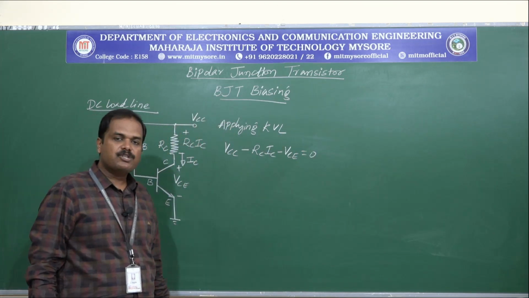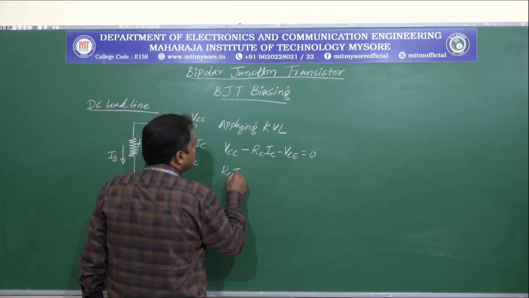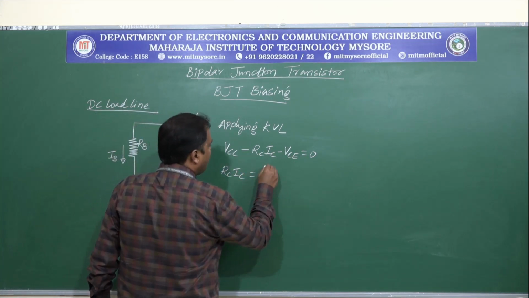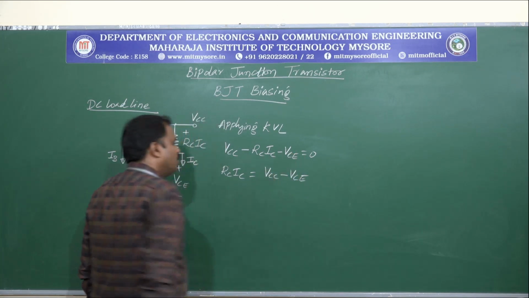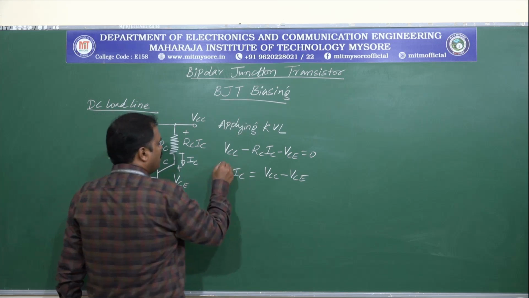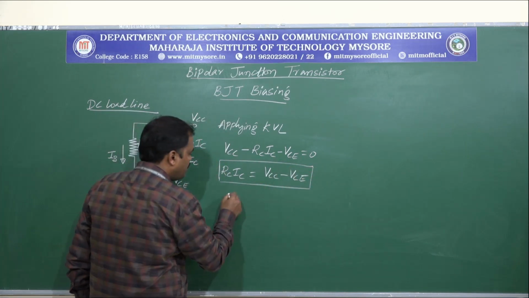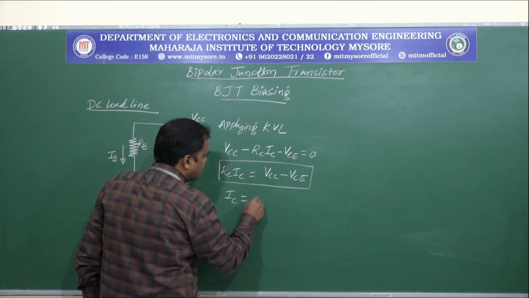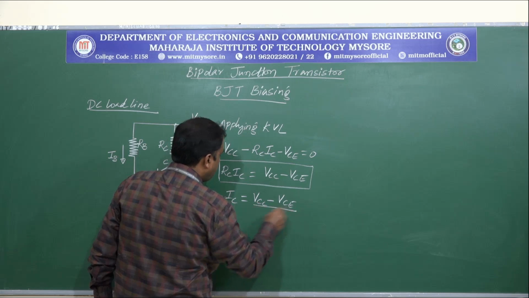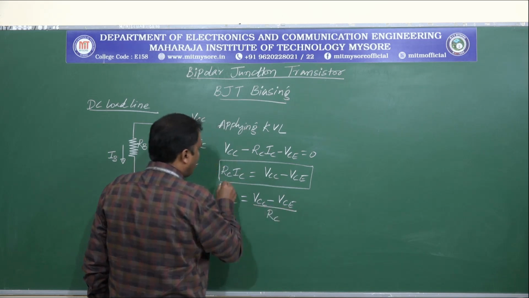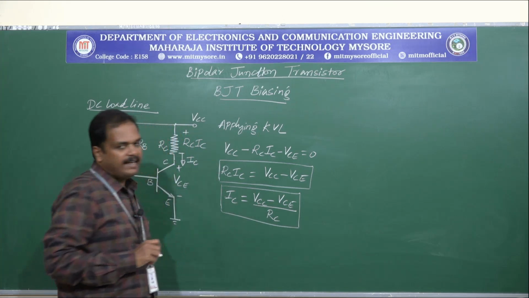So this is the KVL expression we have. So RC IC can be written as VCC minus VCE. This is one important equation we need. So with this we can write IC is equal to VCC minus VCE over RC. This is the expression we have for IC.